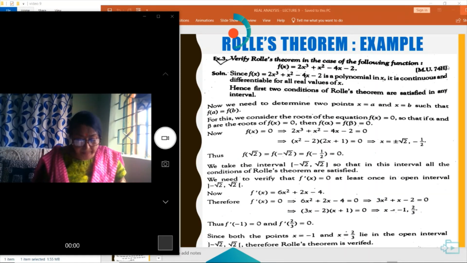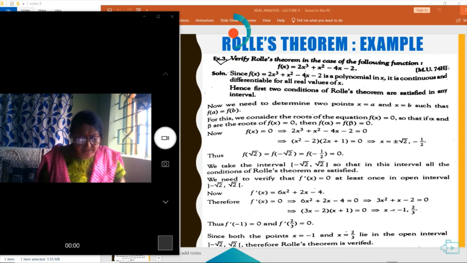And the last, f(a) should be equal to f(b). If we consider the function f(x) equal to 0, we find that f(a) is equal to f(b) is equal to 0. Then we get x is equal to plus minus root 2 and minus half.